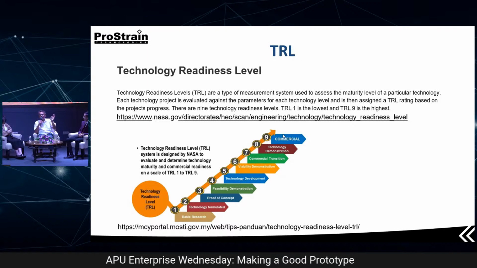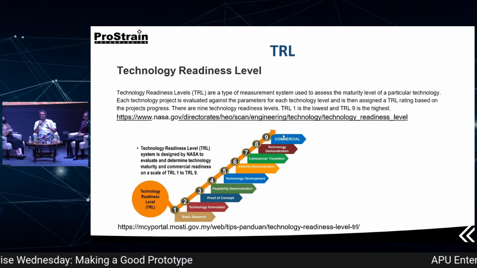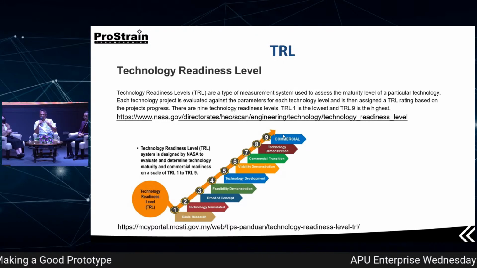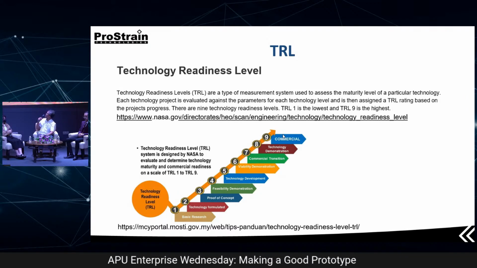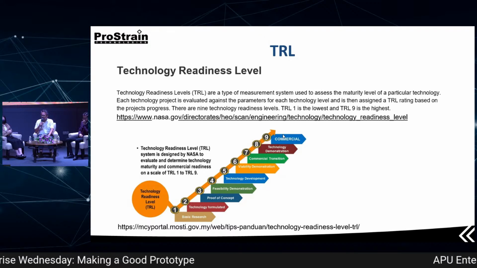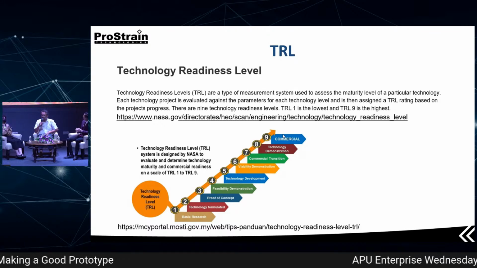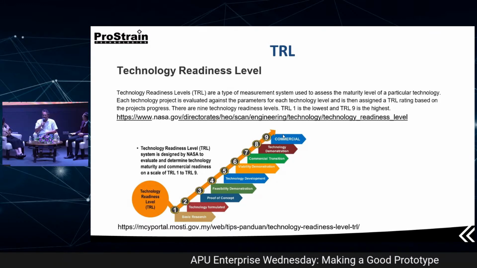If you go out there, in Malaysia, TRL is being used everywhere. So what does it mean? TRL 1, what does it mean by TRL 4, 5, and 6? You can read it, I think it's readable. Okay, maybe I can read.